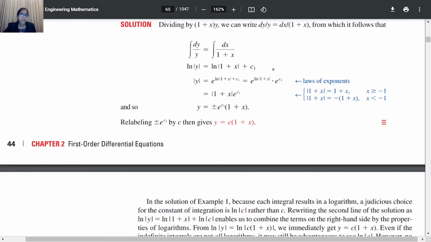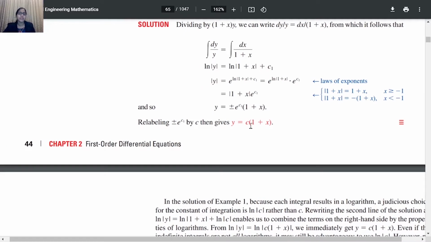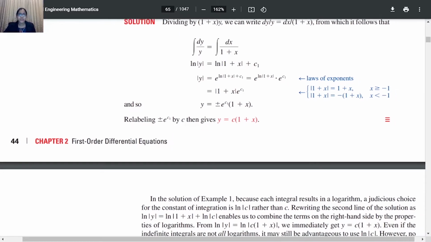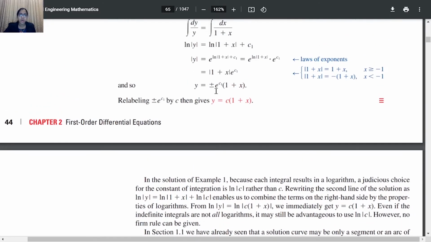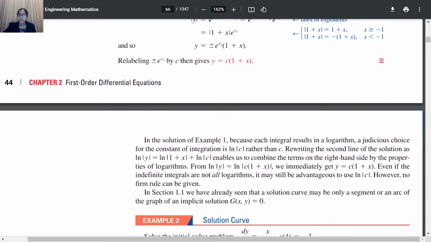Log a plus log b is equal to log ab. So from that, the value can be easily determined. That is the importance of the second point that I mentioned in the slide: the constants can be replaced. Here e raised to c1, or plus or minus e raised to c1, is an integrating constant. So I can replace it by another name or label. That doesn't matter much.